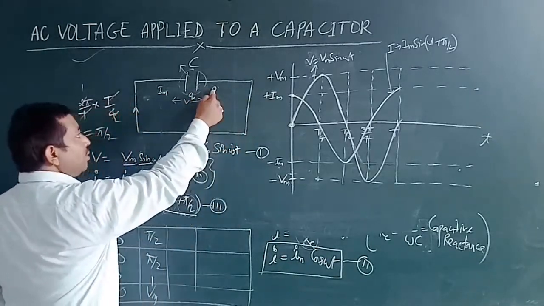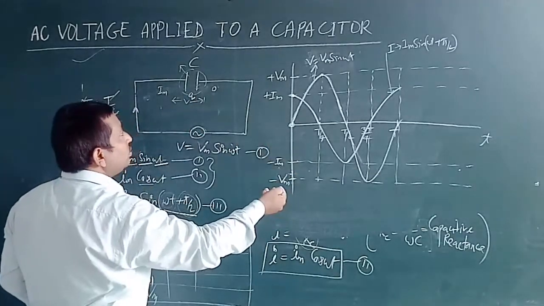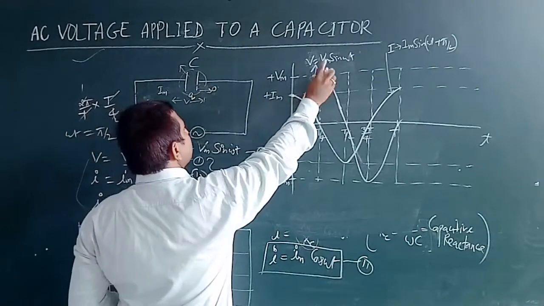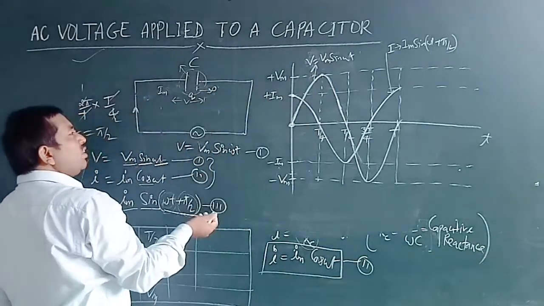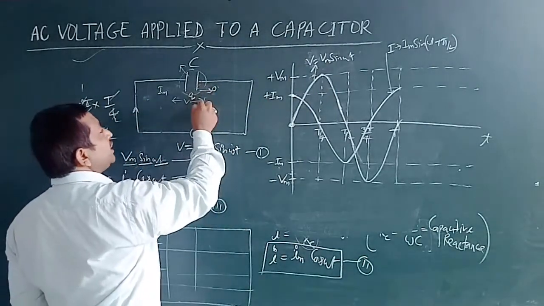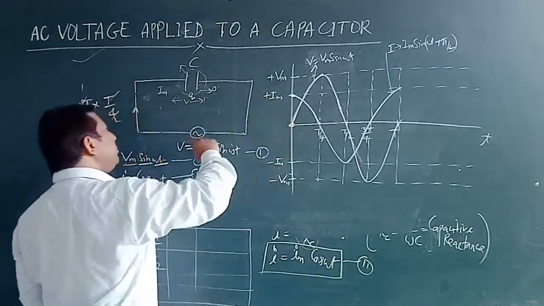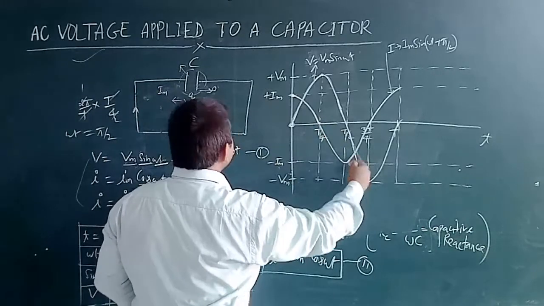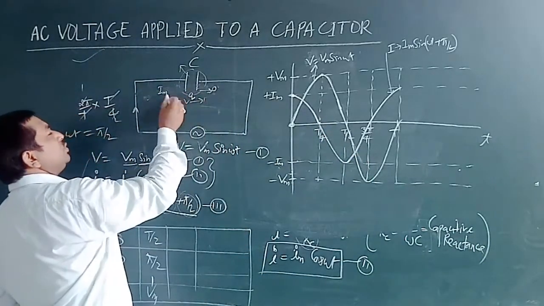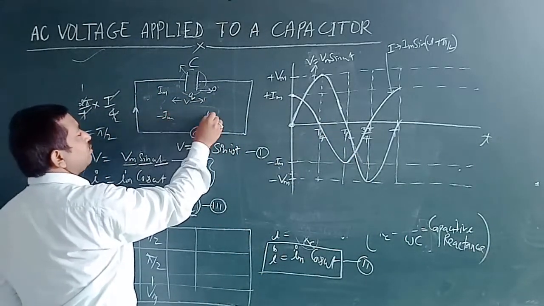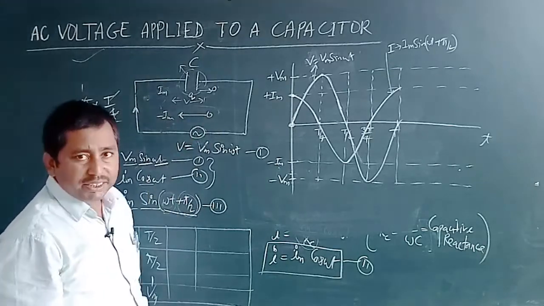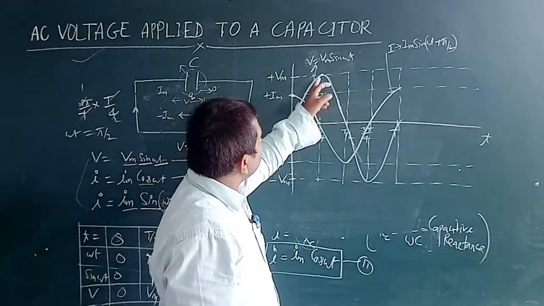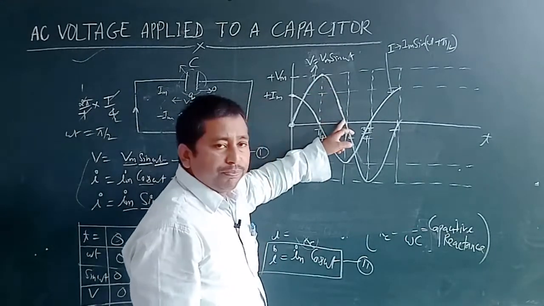Negative means lower than 0, because it becomes 0 at the maximum potential applied across the capacitor. But after that the value of current becomes negative. It means the direction of current reverses. So current reverses its direction and increases from 0 to negative, minus Im, while the potential supplied to the capacitor goes from Vm to 0.